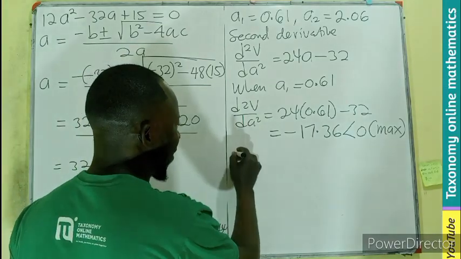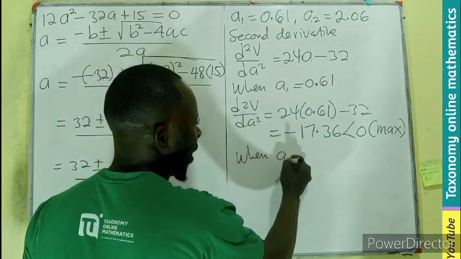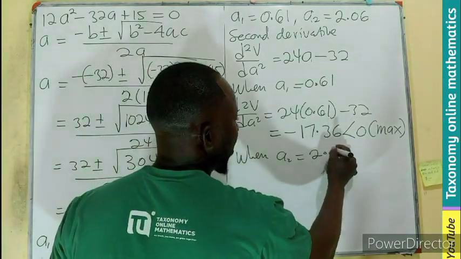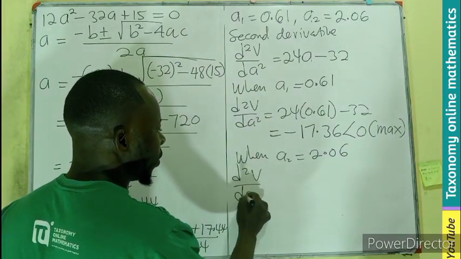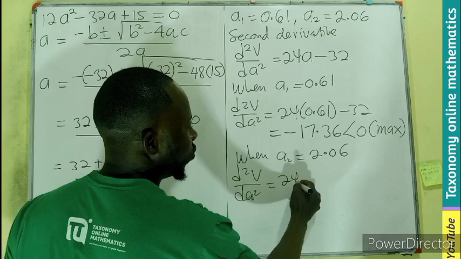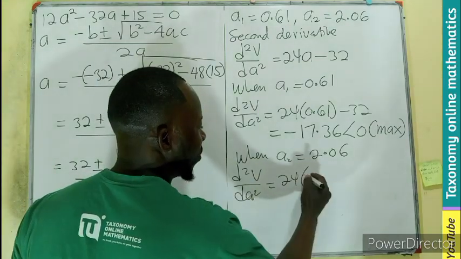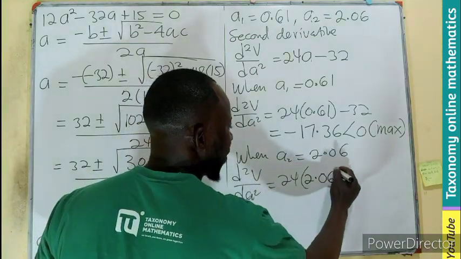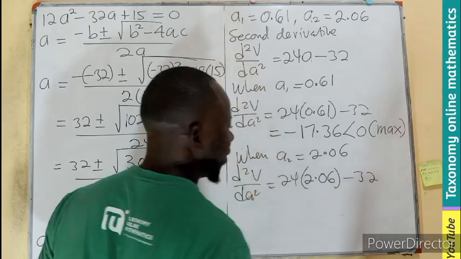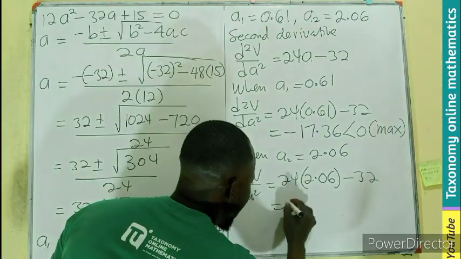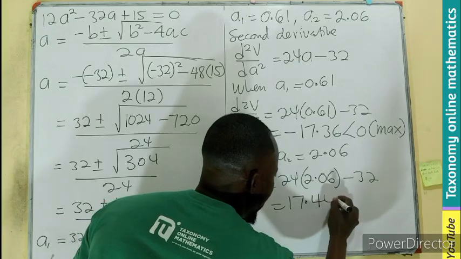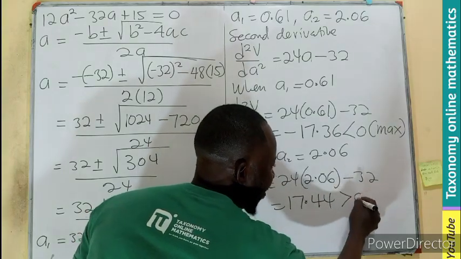Then let's check. When A2 is 2.06, our d2V over dA squared becomes 24 times 2.06 minus 32. Let's see what that will give us. That will be 17.44, which is greater than 0.